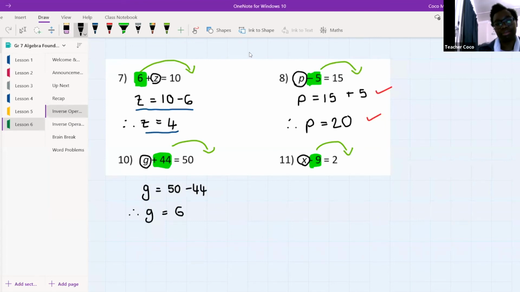X is equal to 2 plus 9. Good. What's my next line? Therefore, X is equal to 11. Oh, so beautifully done.